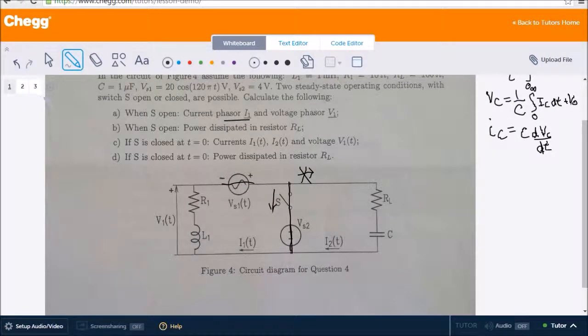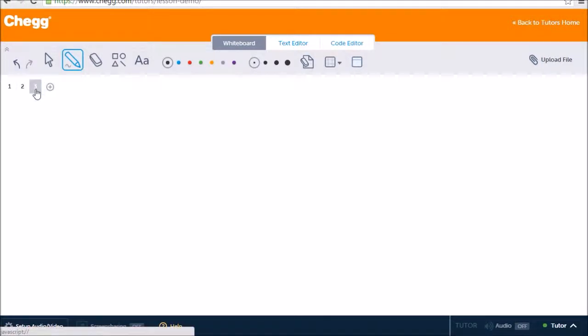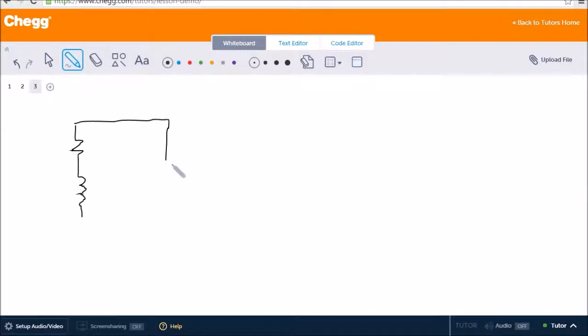We have an R and an L, an R and a C. Remember, we had that other source over here on the left.